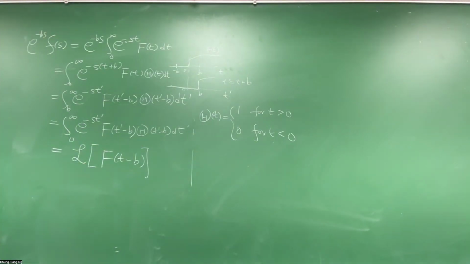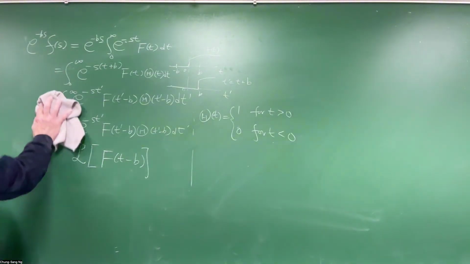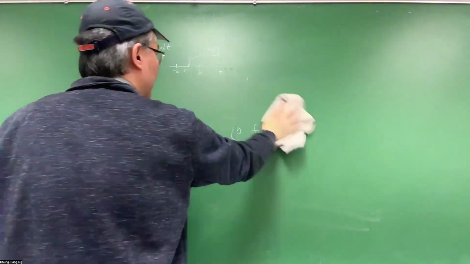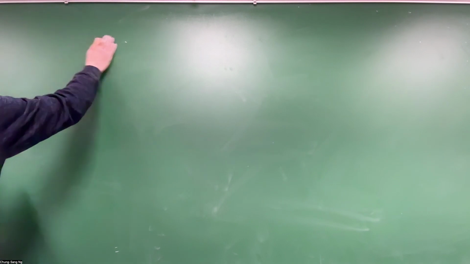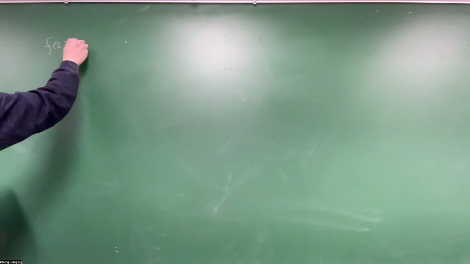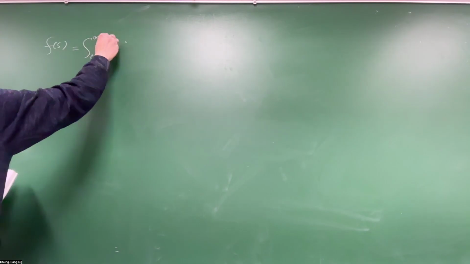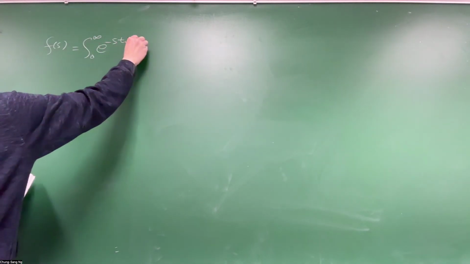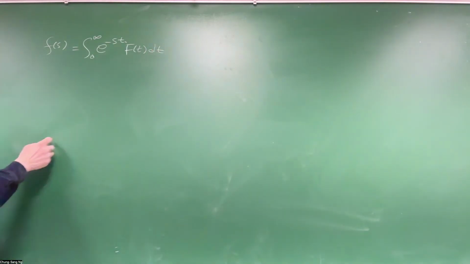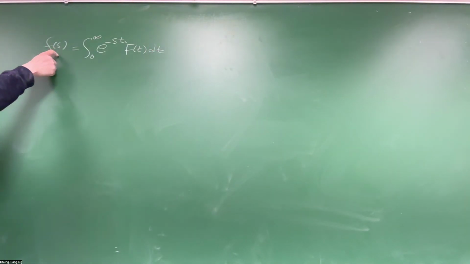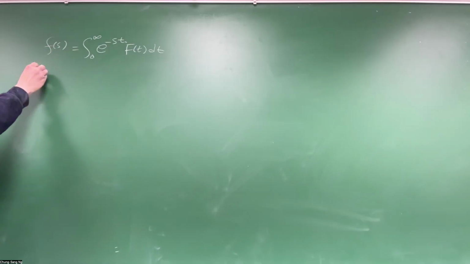The next property is the derivative of a transform. So originally you have just the definition, the integral of f of t times e to the minus s t dt. And then the derivative of a transform means with respect to the transform variable, so you take df ds.